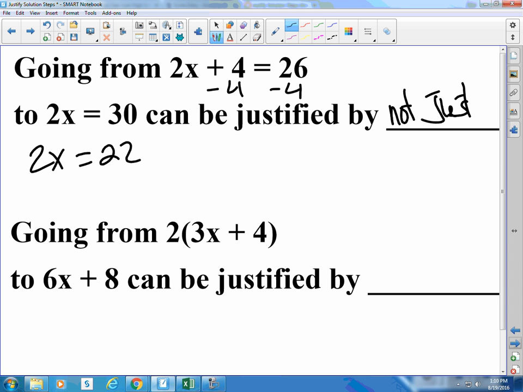So going from 2 parentheses 3x plus 4, or you might say 2 times the quantity 3x plus 4, to 6x plus 8 can be justified by, well, 2 times 3x is 6x, 2 times 4 is 8, so all we've done is just multiply that 2 times both terms inside the parentheses, and that is called the distributive property.